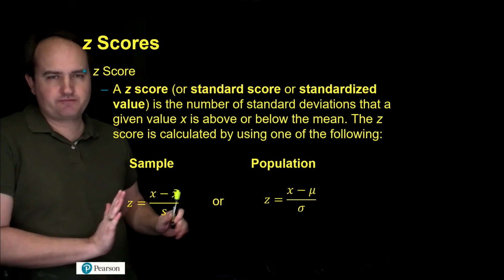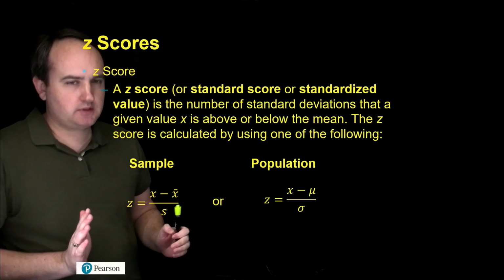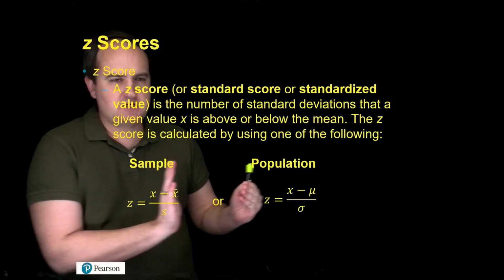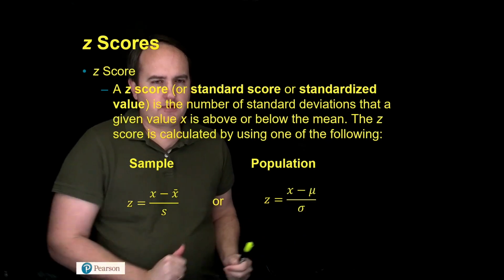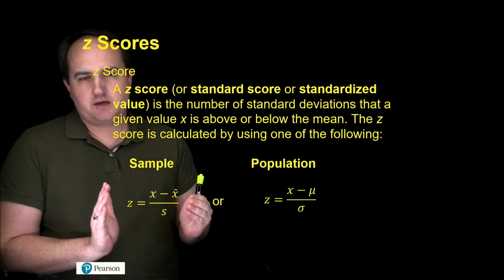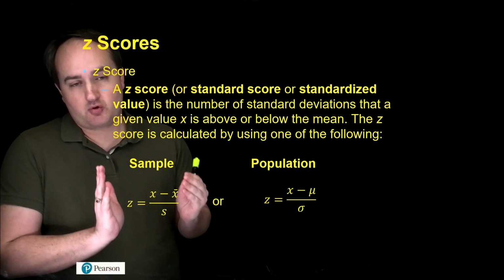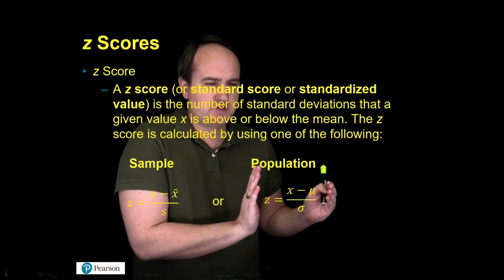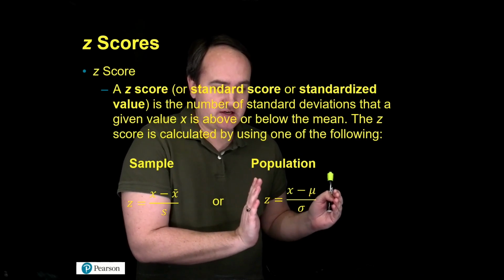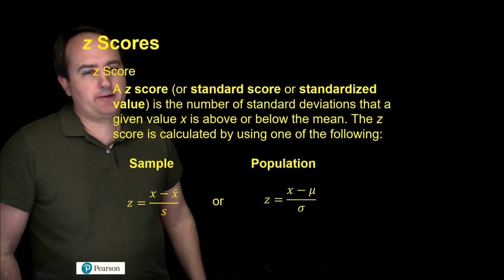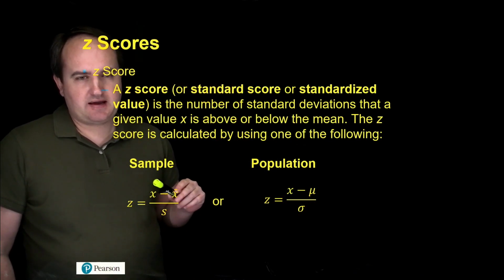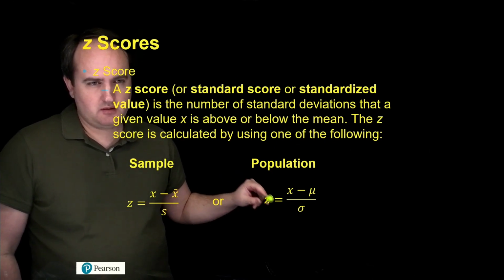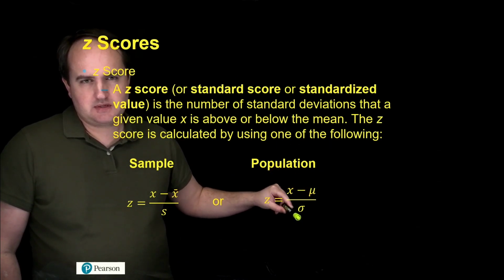Before we even look at these formulas, I do want to tell you something. They're technically the same formula. Okay, it's just the first formula is the formula for the z-score of a sample. The second formula is a formula for the z-score of a population. But they actually have the same placement of all the variables here.